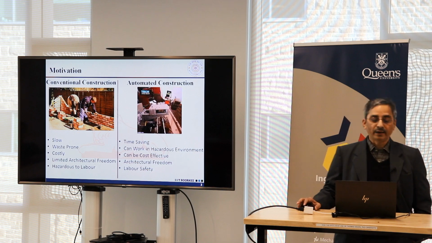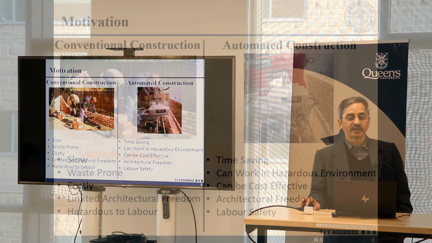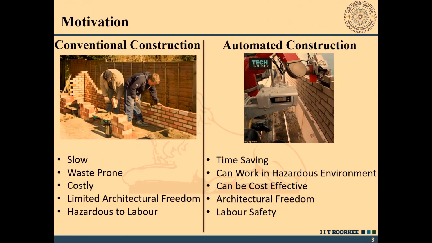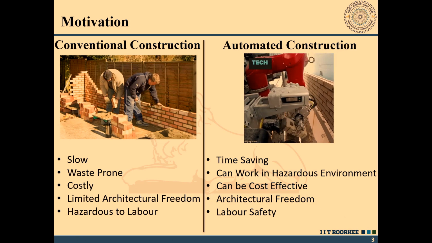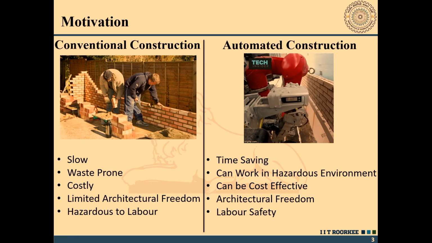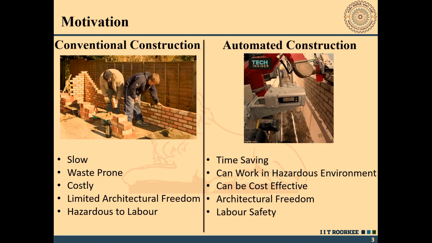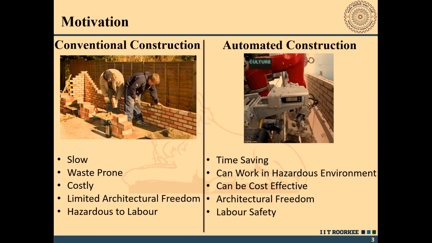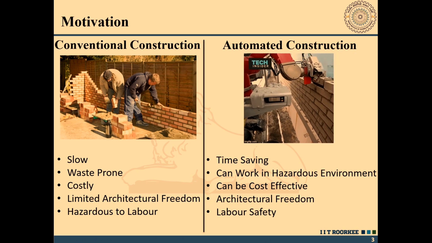Conventional construction is, as you know, slow, waste prone, costly, has limited architectural freedom and is hazardous to labor. So, people thought of bringing some sort of automation into it, and the concept of brick laying came.